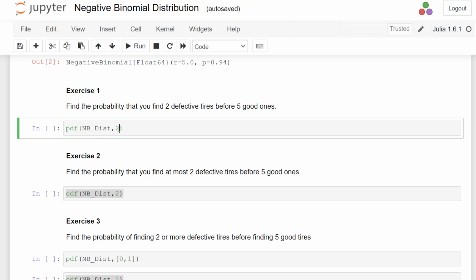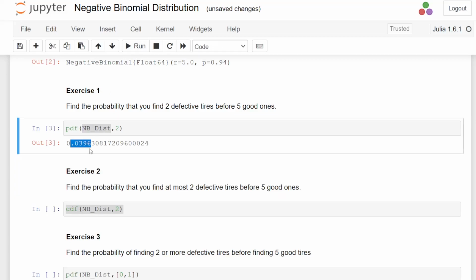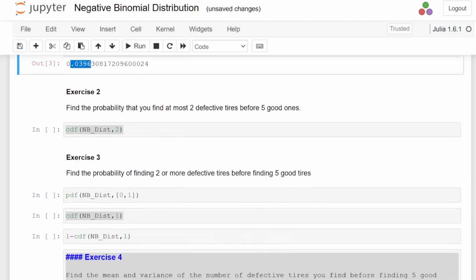So probability of X equals 2, with the distribution contained in NB_dist: pdf, and X equals 2. Let's run that. It is 0.0396, just under 4%.